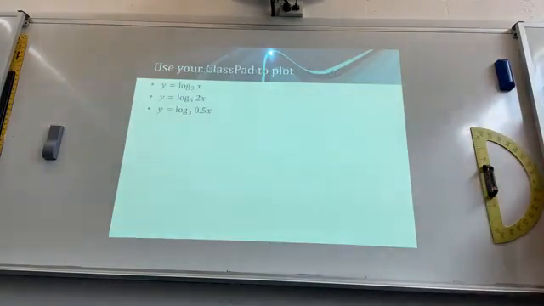Now, can you use your calculator to plot these three: y equals log 3x, log 2x, and log 0.5x. You will be able to see 3 graphs.